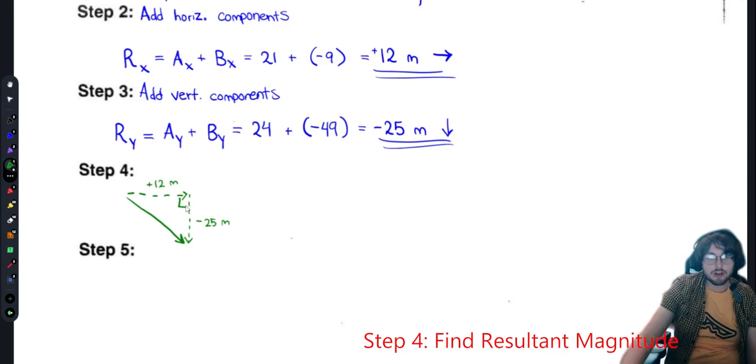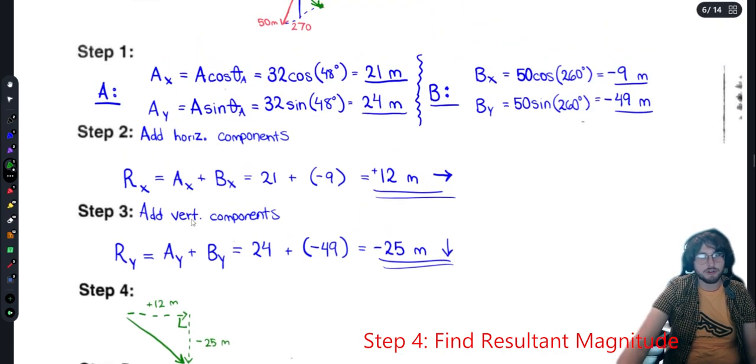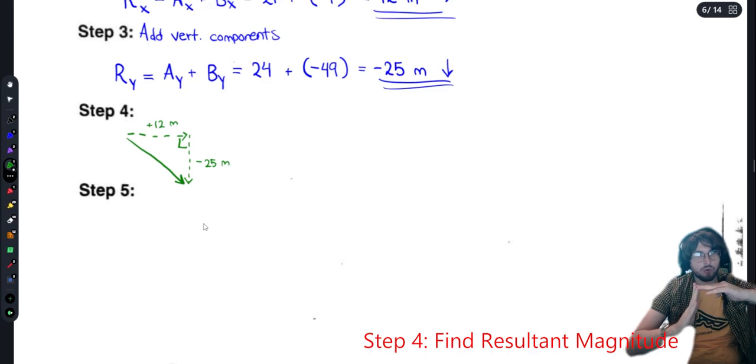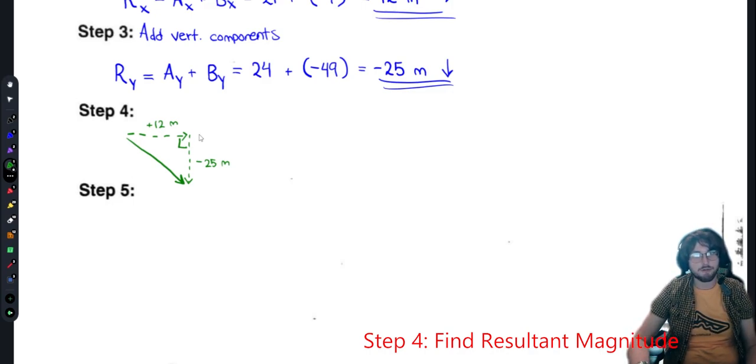So by choosing wisely the horizontal and vertical components, that's what we're trying to aim for at the end of the day, is we're trying to pick two vectors that are perpendicular to each other, so we can kind of force this problem's hand and give us a right triangle. Again, we love right triangles out here.